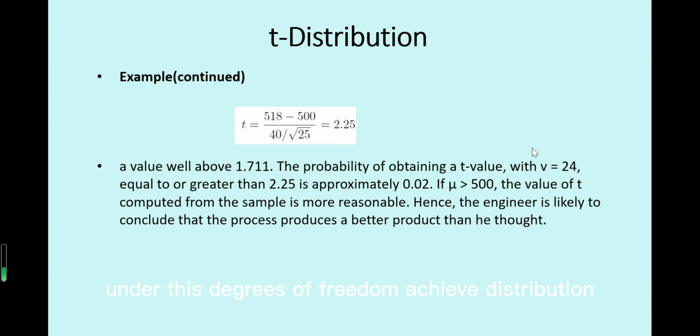Because under this degrees of freedom, a t-value of 2.25 gets an alpha value of 0.02, much less than 0.05, or say the p-value is less than the significance level we assumed, right? So in this case, we can say the population mean is more likely larger than 500, or the engineer will likely conclude that the process produces a better product than he thought. Because if it is 500, it's very unlikely that we would get a t-statistic of 2.25, right?